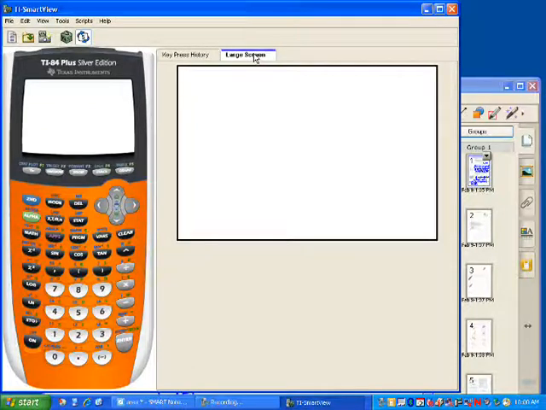Okay, so if you have your calculator with you, I'm going to go back to number 1. And what I'm going to do on the calculator is wake it up first. Go to my y equals screen.